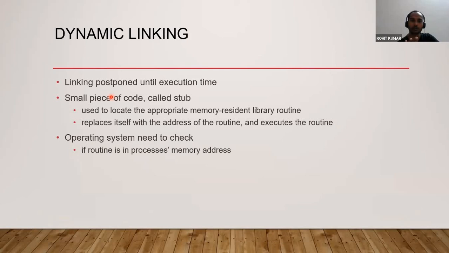The stub is used to locate the memory resident library programs in an appropriate fashion. And then it replaces itself with the address of the routine. Means it is working kind of pointer. It is supposed to point to the required location, and then it will replace it with the address of that particular location. When you write a C program, you define the variable in terms of pointer.